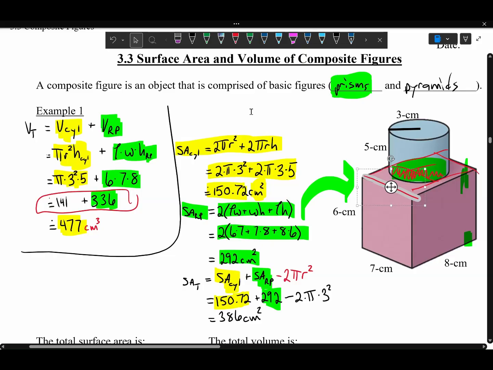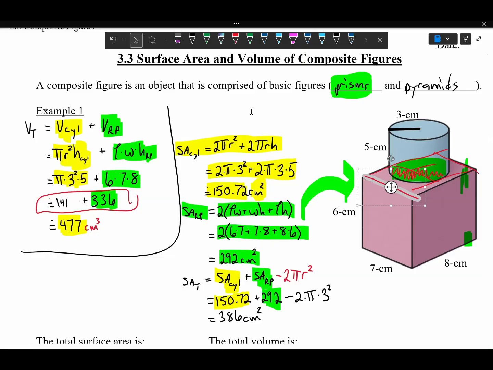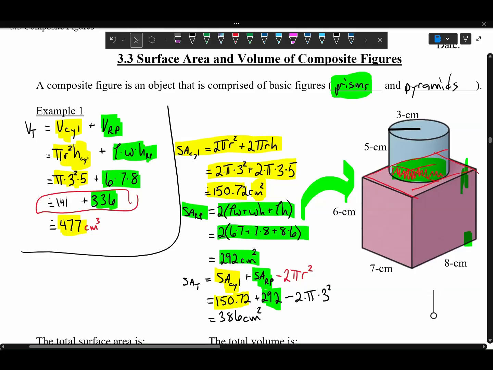Sometimes the figures are put together just like this one, where we have one figure attached to another figure, in which case for the volume, we're adding them up. For the surface area, we're adding them up, and then we're subtracting twice. We're subtracting whatever shape is connecting the 2 figures, where the glue would be.